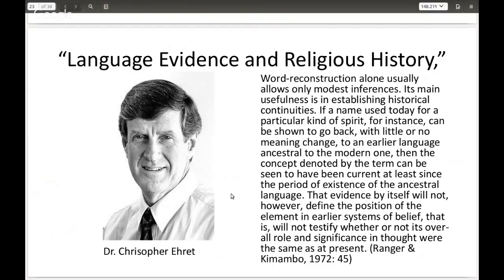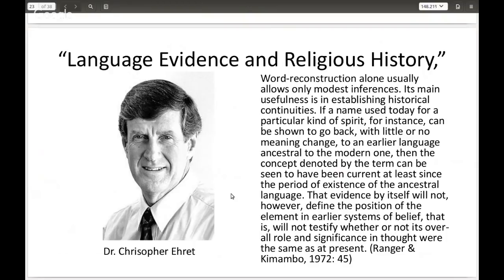So if we have two modern groups who have the same word for a particular type of spirit, and it has been demonstrated that these two groups are related, we can infer that this word goes back to the mother language and culture that gave birth to the two modern cultures that are distinct today. And so what this analysis does is demonstrate the religious connection between these two groups, but also the connection to some ancestral culture in the past.